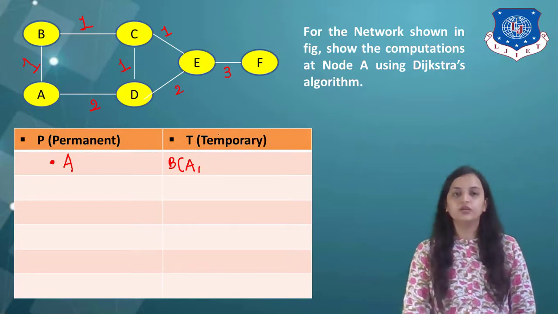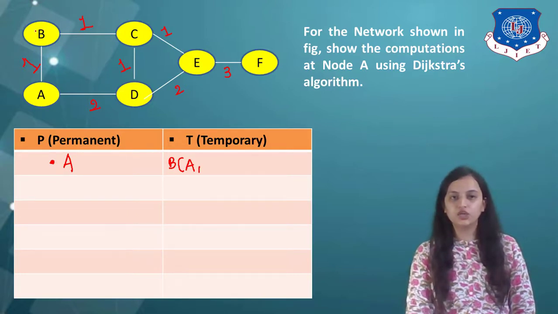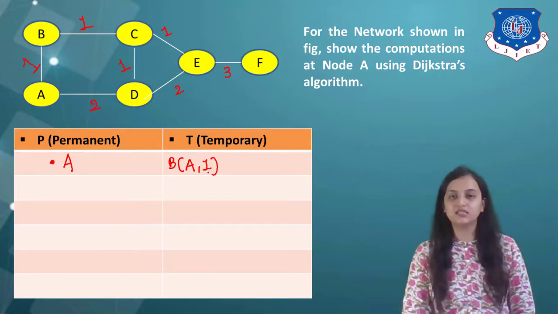In this case, the destination node is B, starting from A, and the distance is 1. So it should be written as B, in brackets A comma 1. This is how you can represent these nodes, using parentheses, the root node and the distance.